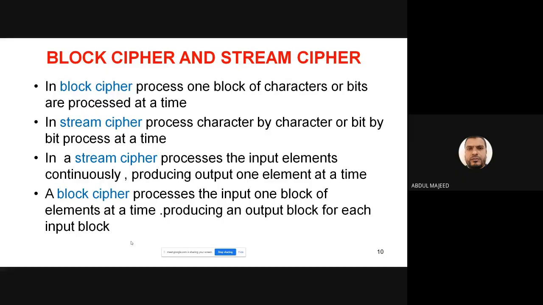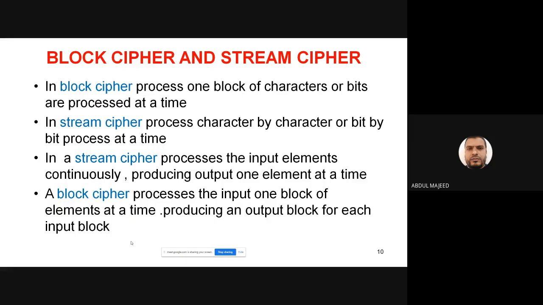One way is called a block cipher and the other is called a stream cipher. You are converting the plain text into the ciphertext in two different ways: first the block way, and second the stream way.